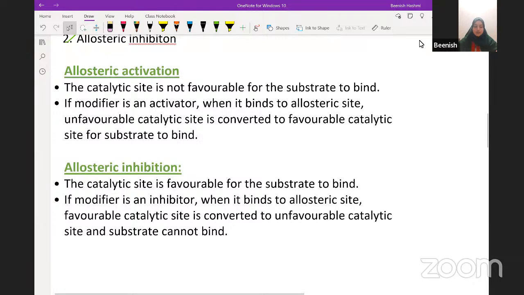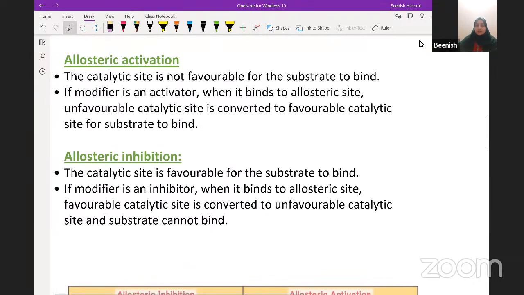So, talking about allosteric activation and allosteric inhibition: the catalytic site is not favorable for the substrate to bind. If the modifier is an activator, then it binds to the allosteric site, and the unfavorable catalytic site is converted to a favorable catalytic site for the substrate to bind. So this is allosteric activation for you.